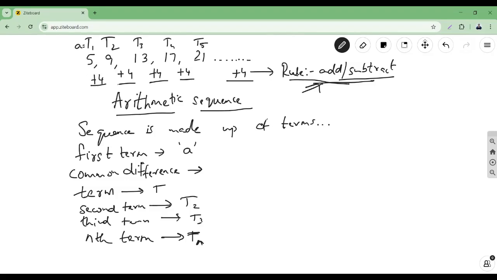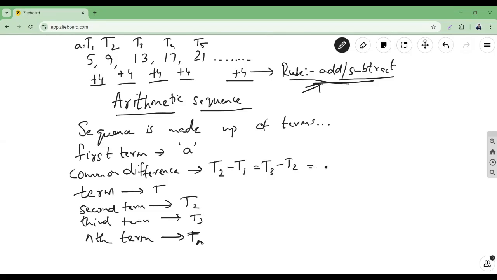Anyhow. Okay. So now you understood what the terms are. Now what is the common difference? It is, let's say, T2 minus T1 or T3 minus T2. Basically, one term minus the previous term.